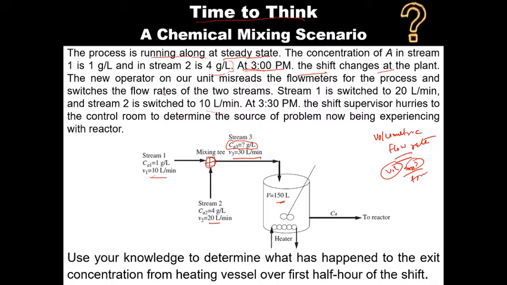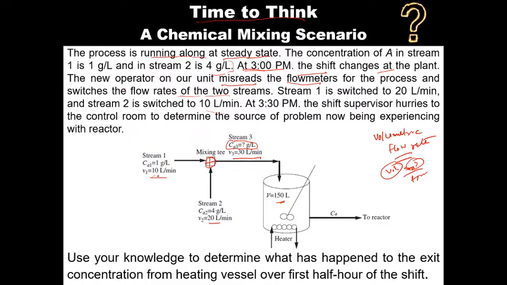And at that time, the new operator, or as a process engineer, you misread the unit of the flow meter, right? You as a process engineer just misread the flow of that process and switch the flow rate of the two streams, just to switch the flow rate.